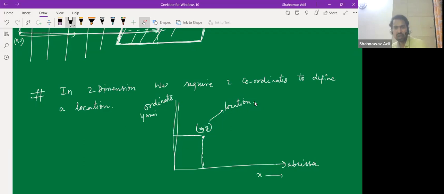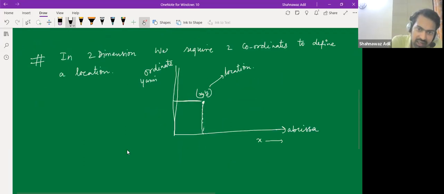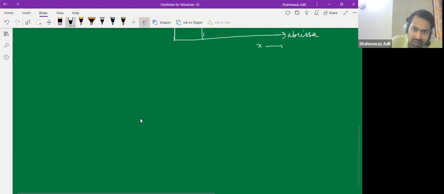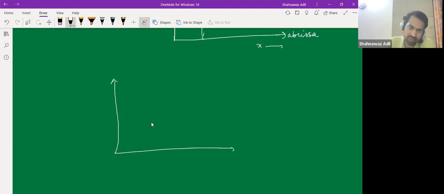Okay. So let's say I have two persons, or two objects, at this position and at this position.